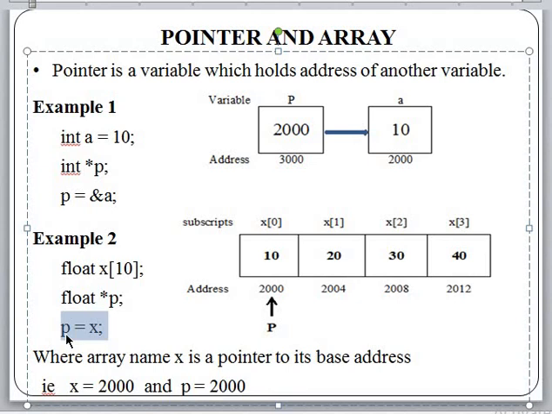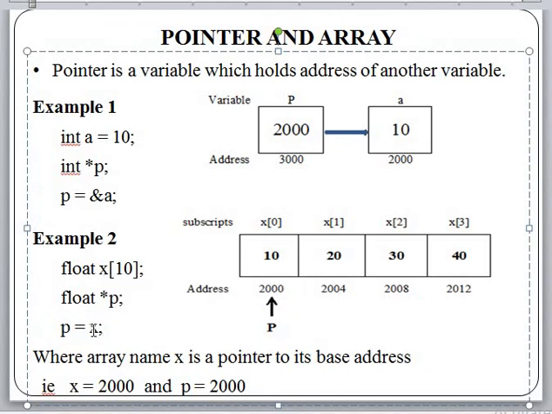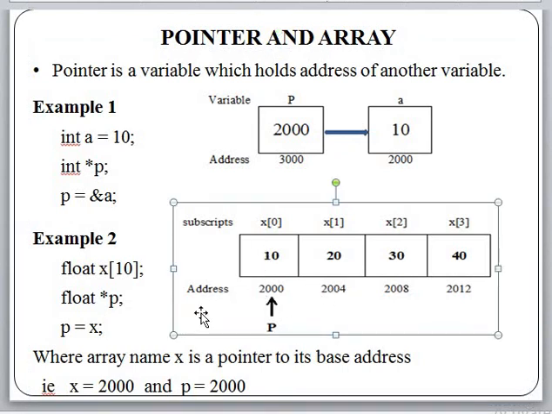Here p is a pointer and x is assigned to p; x is nothing but the name of the array, where it is able to hold values, all of type float.